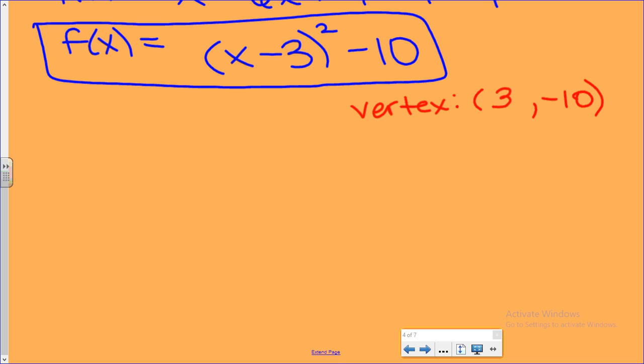Okay? Our axis of symmetry. That is something else I'll expect you to be able to tell just from the equation. It is a vertical line that goes through the vertex. So what would it be, Marissa? 3.